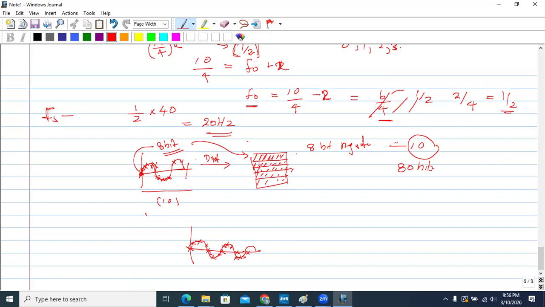If we select a very high sampling frequency, what happens? Within maybe half of a cycle, there may be more than 10 samples. So you can't store this total signal in this RAM. You need to have the 10 samples within this range, so you need to select the proper sampling frequency to have only 10 samples.